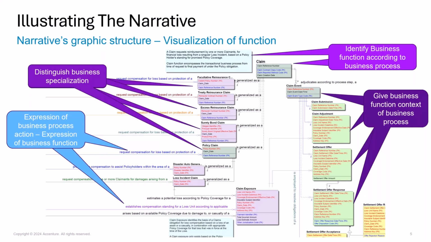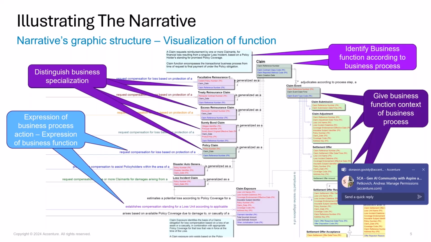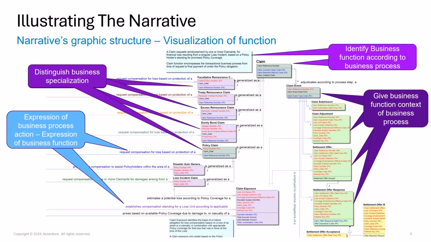And just as important as these features of the knowledge model, narrate the expression of business process action in the predicated verb phrasing of the relationships establishing the semantic foundation of the knowledge model. For instance, claim exposure establishes standing for a loss unit according to the applicable policy coverage, and the loss incident requests compensation for one or more claimants from damages arising from the loss incident.